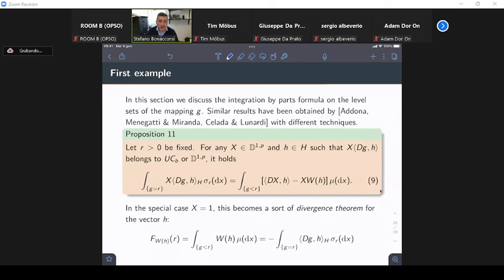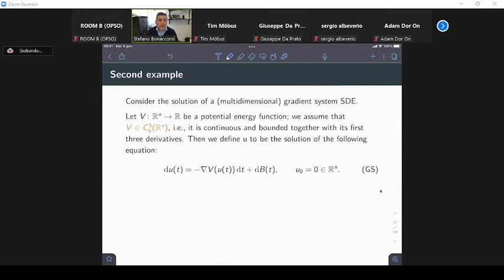And so this is a kind of divergence theorem for fixed h. So this is about the first example. I still have a few minutes, so I can go to the second one. The second example is related to the first, and it's given in the following way.